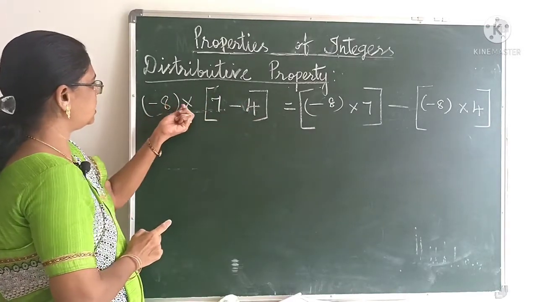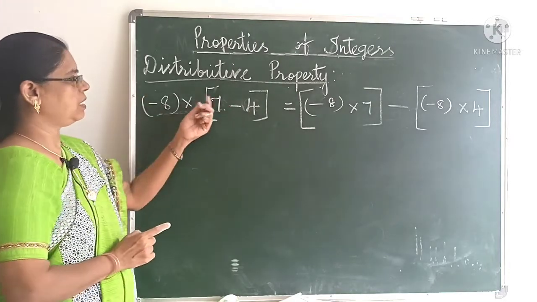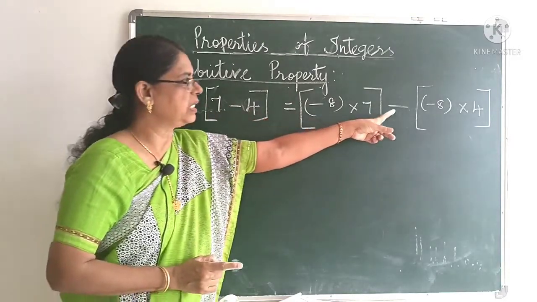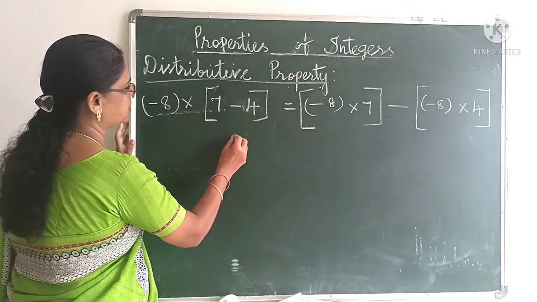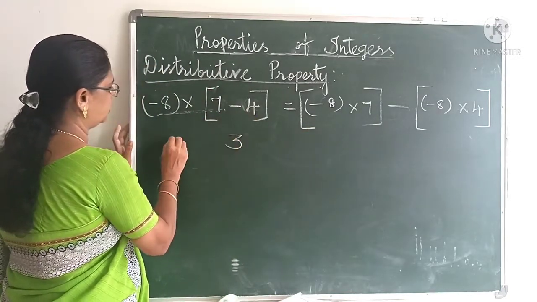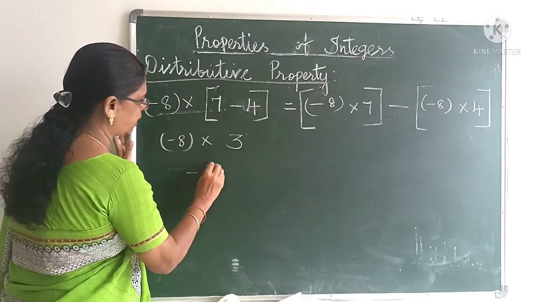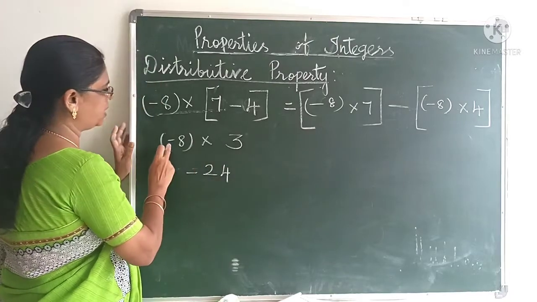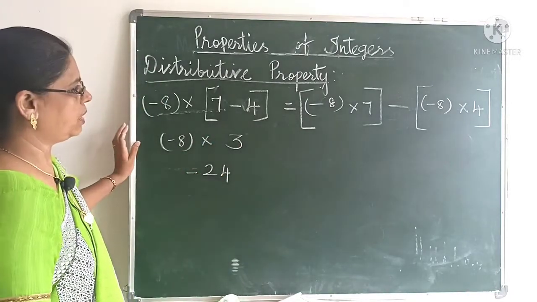So minus 8 into 7 minus 8 into 4. That's what it is written this side. Let us find out the answer. 7 minus 4 is 3, and then minus 8 into 3 is equal to minus 24. Minus into plus is minus, 8 into 3 is 24.